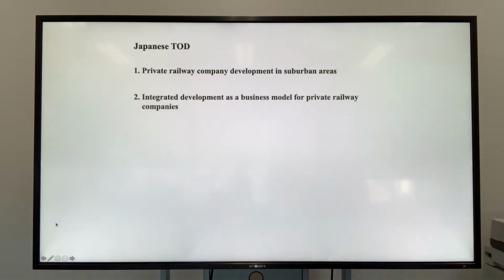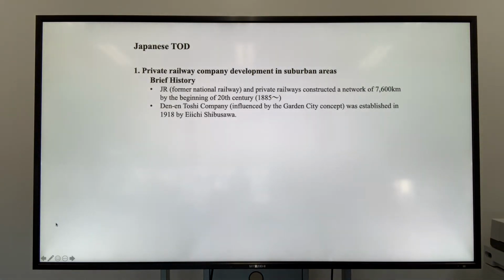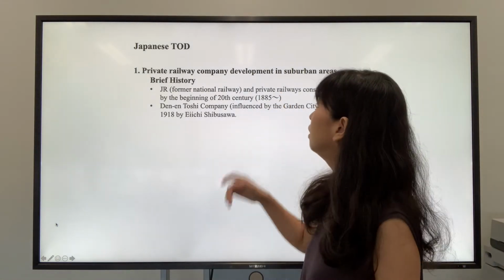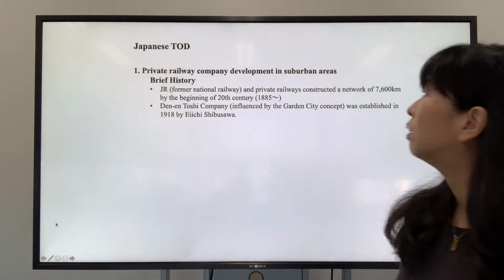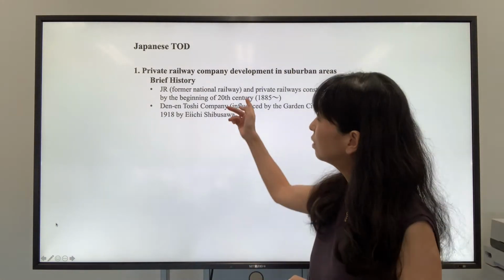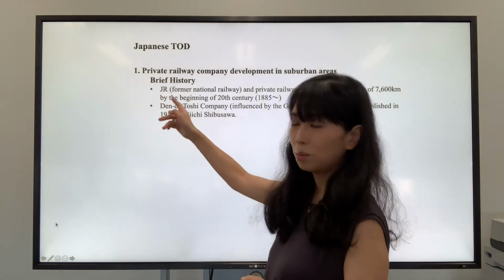So just to give you a brief history to explain the first item: in Japan, we have a national railway called the JR, Japan Railway.